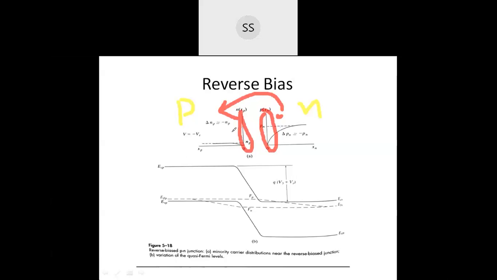Now, this reverse saturation current occurs at the junction by the drift of carriers. So this current is fed from each side by diffusion towards the particular junction.